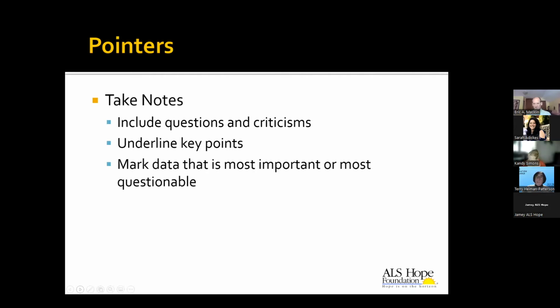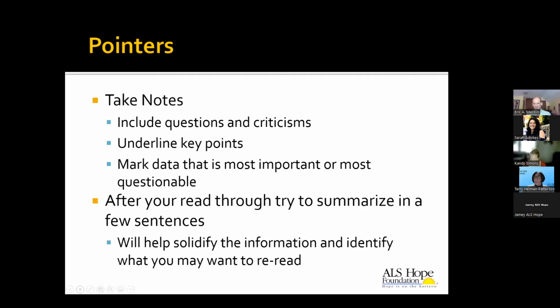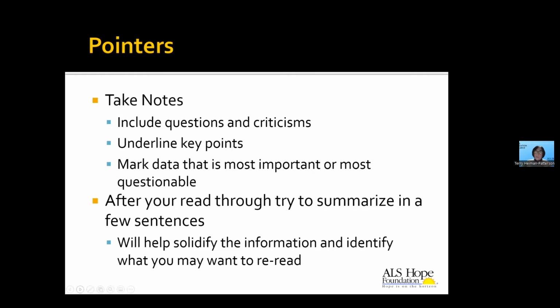Mark what you think is most important, and also what you really want to come back to because you don't understand it or it's questionable. After you read anything, it's important that you can summarize it, because that means you really understood it, and it helps solidify that information in your mind. Identify what things you may want to go back to: I don't quite remember that part, or let me go back to that background and understand it better.